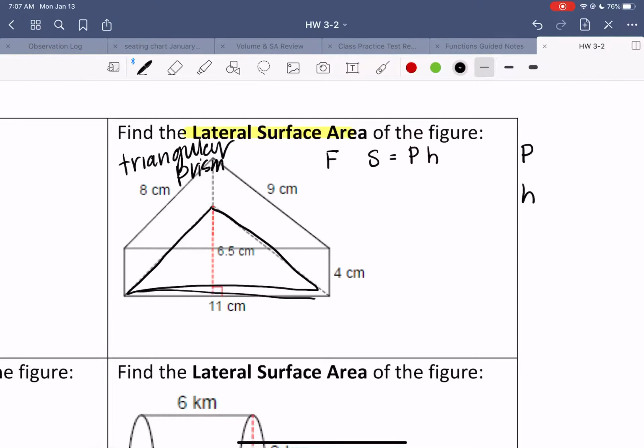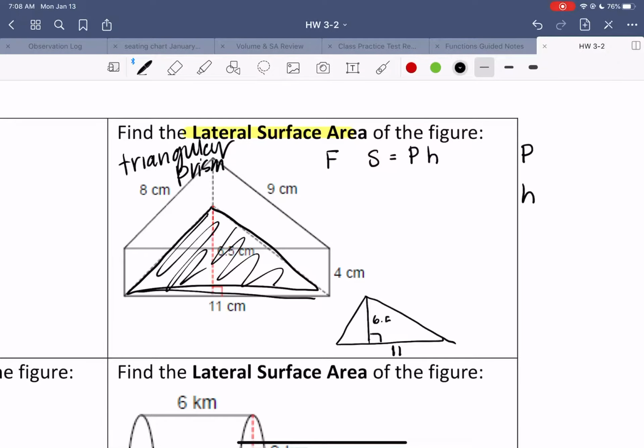So I'm going to go ahead and redraw my base here. We have 11 measuring here, and then the height of our triangle is going to be here with 6.5 as our height, and then we're left with 9 and 8.